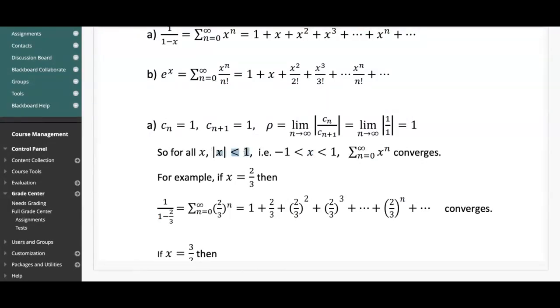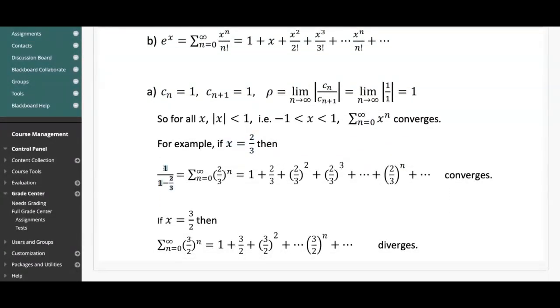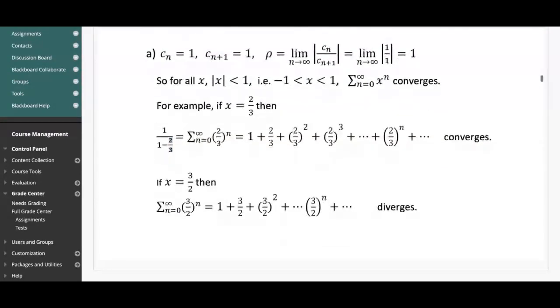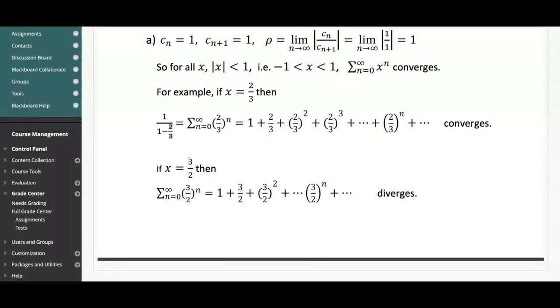These two are the same expression. Absolute value of x less than 1 means x is in between -1 and 1. So the infinite series converges. For example, if x equals 2/3, which is less than 1, then 1 over 1 minus x, with x equals 2 over 3, is 1 minus 2 over 3, that's 1/3, 1 over 1/3, which is 3. So it converges. It's a finite number. But if x is greater than 1, if x is 3/2, it diverges.